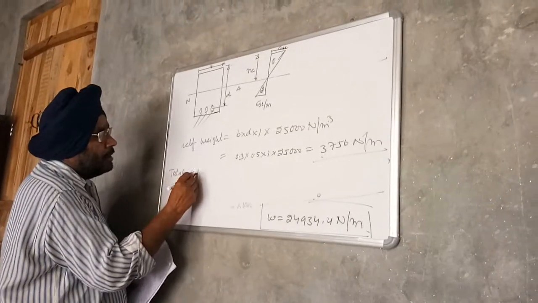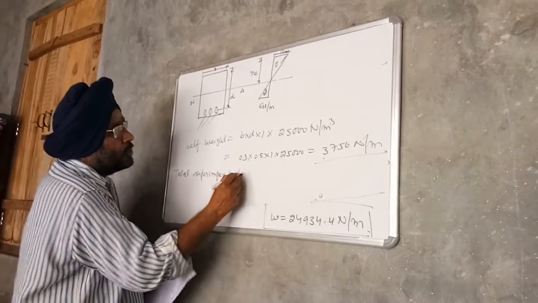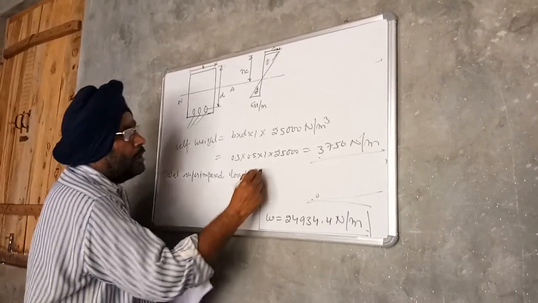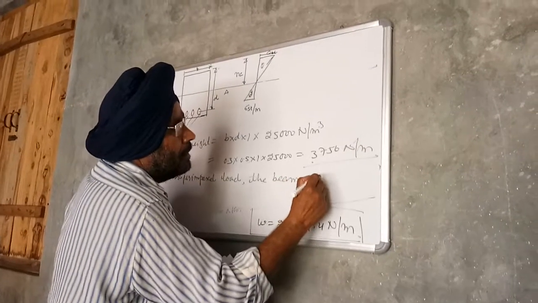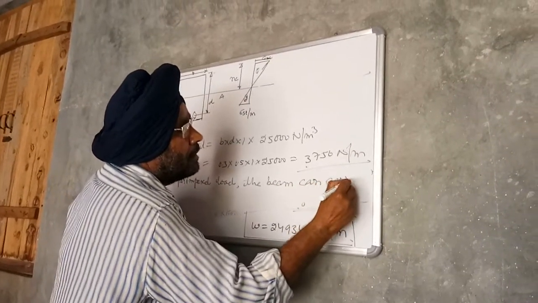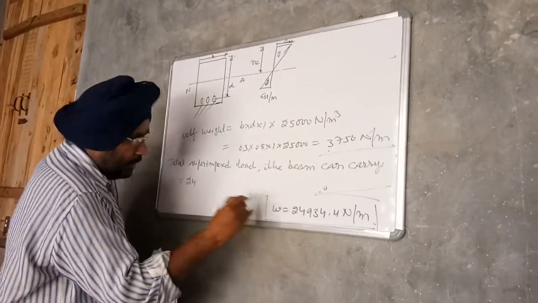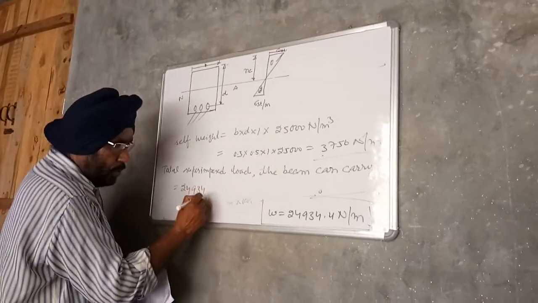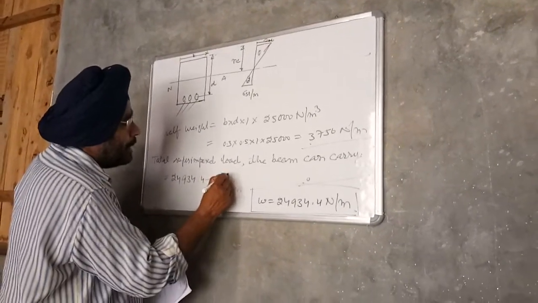Then the total superimposed load the beam can carry. The total load is 24934.4 minus the self weight of the beam 3750.